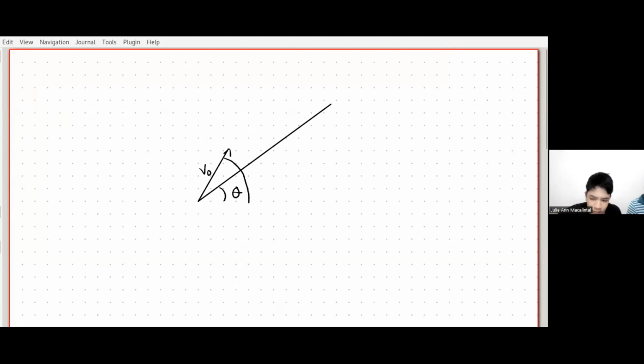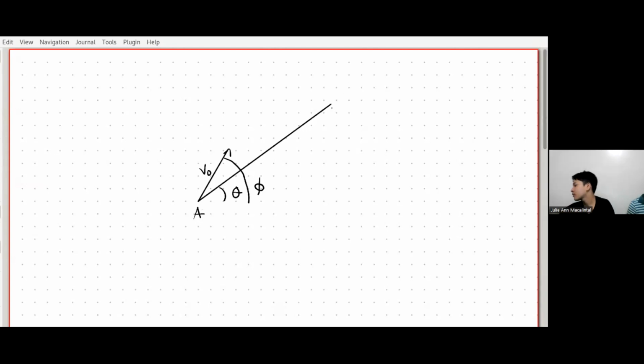And then, let's call this phi. And then, yung ano dito ay, kasi di ba, napuputol yung ano, from here, so if we call this point, let's call this point A.